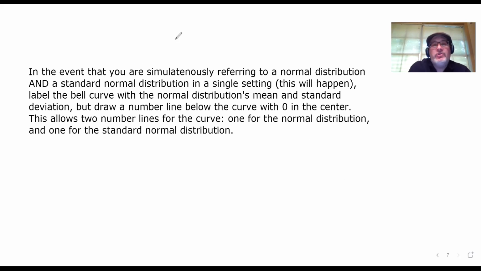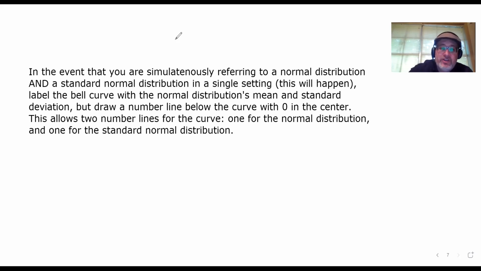All right, in the event that you are simultaneously referring to a normal distribution and a standard normal distribution in a single setting, this will happen. Label the bell curve with the normal distribution's mean and standard deviation, but draw a number line below the curve with 0 in the center. This allows 2 number lines for the curve, one for the normal distribution and one for the standard normal distribution.